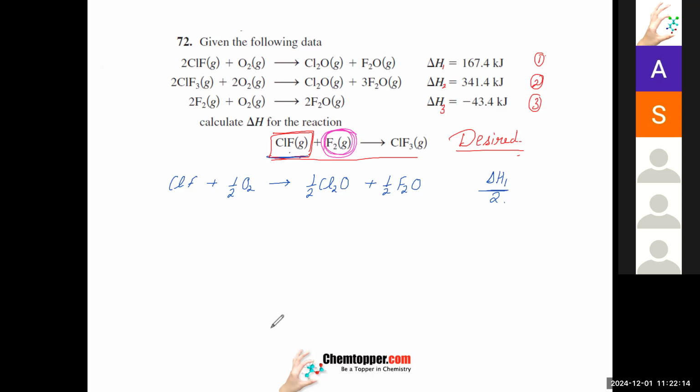Which equation is giving you F2? How should I take this equation 3? Only Krishav, Sarthak are answering. How should I take equation 3? As such or divide by 2?